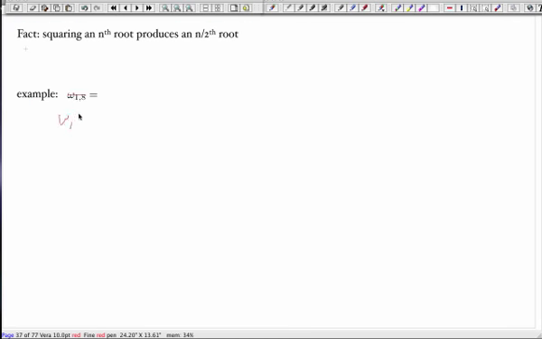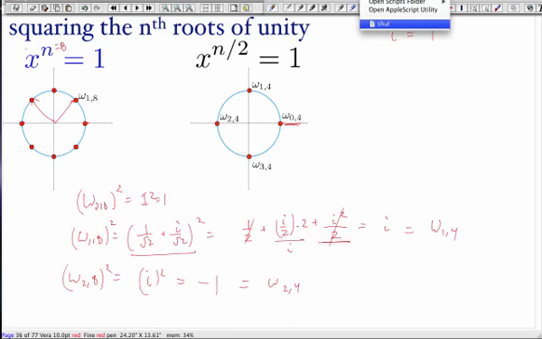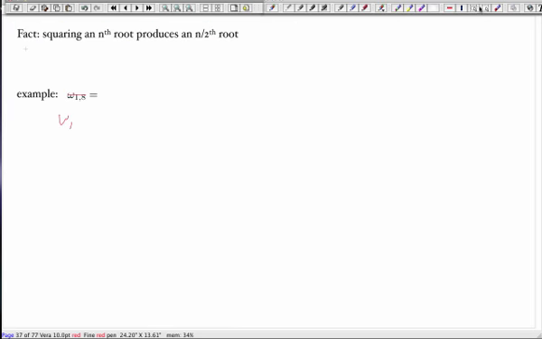Let's do omega 3,8. Someone on this side that computed omega 3,8, what was the value? A whole half of the class has computed these numbers. What is omega 3,8? Somebody. Great.